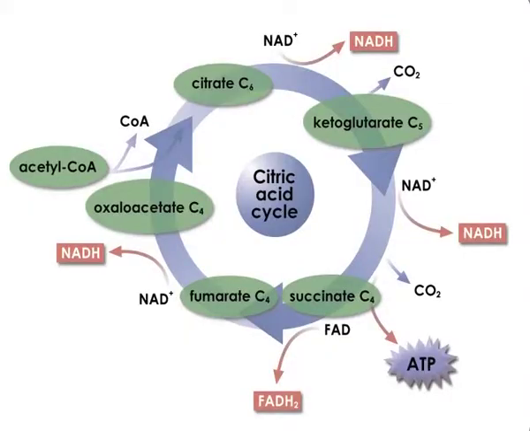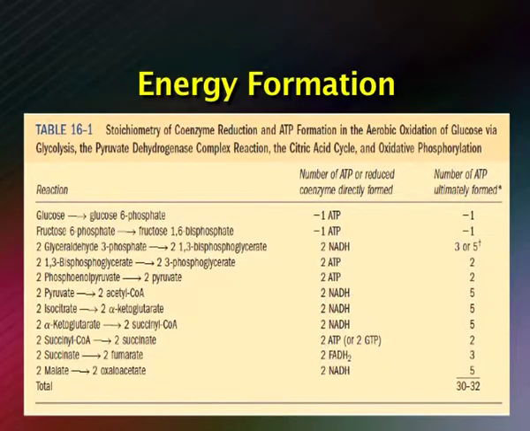So, in this manner, a number of ATP molecules are generated as a result of the citric acid cycle. This table gives the summary of energy formation from glycolysis to the TCA cycle, which in essence is around 30 to 32 ATP molecules per cycle of glycolysis and citric acid cycle. So, you can imagine the amount of energy that is generated for each molecule of glucose that is metabolized.